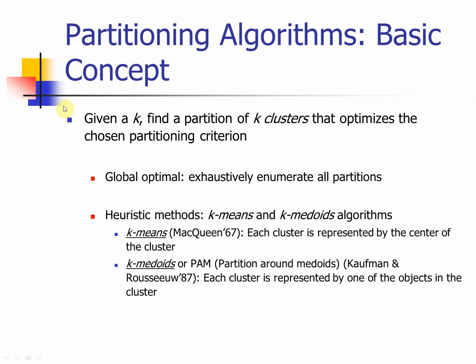Given K, find a partition of K clusters that optimizes the chosen partition criteria. Finding a global optimum is basically an exhaustive search of all of the partitions. Before K-means clustering was given, you probably would want to try all kinds of different partitions.